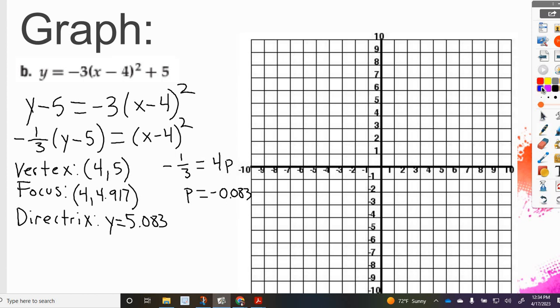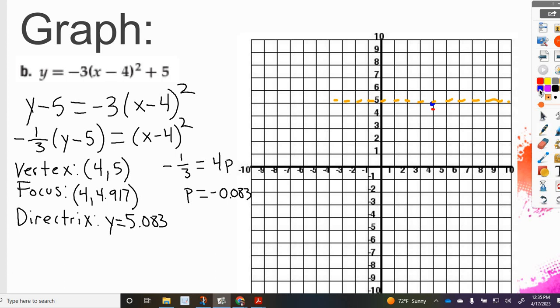So I'm going to go and plot some points. I have 4, 5. Our focus is at 4 and basically almost there. And then our directrix is right above.